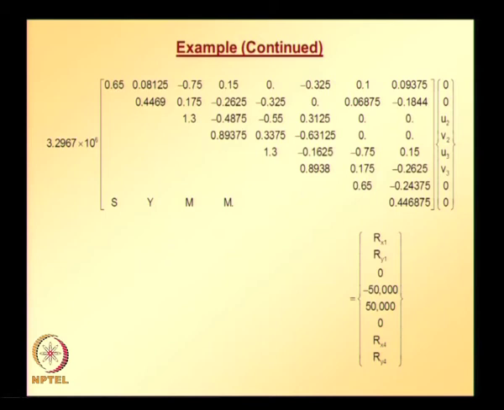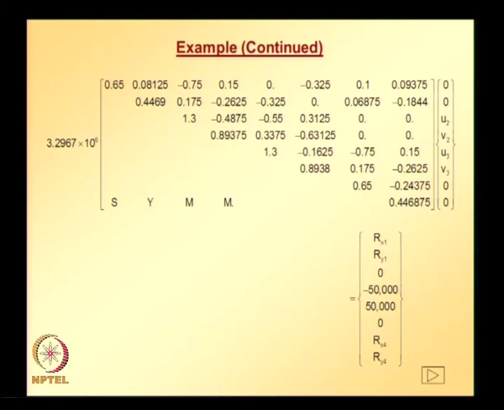Also note that wherever displacements are specified as 0, unknown reactions are going to be developed that we need to calculate. So, the corresponding locations in the force vector are replaced with r x1, r y1, r x4, r y4 respectively.